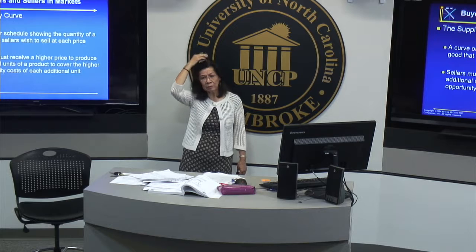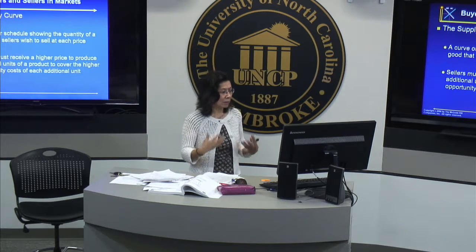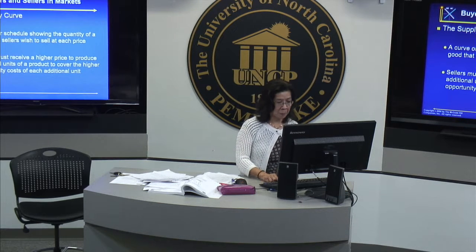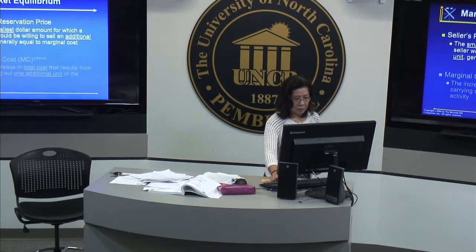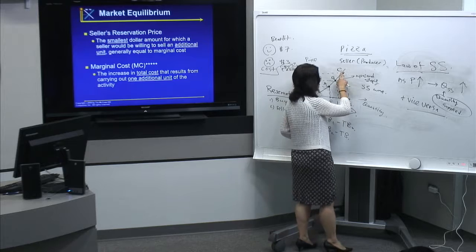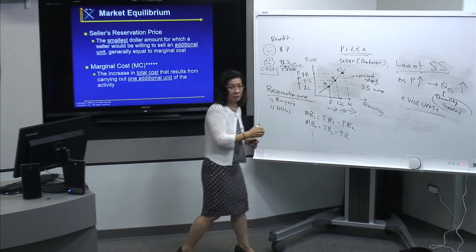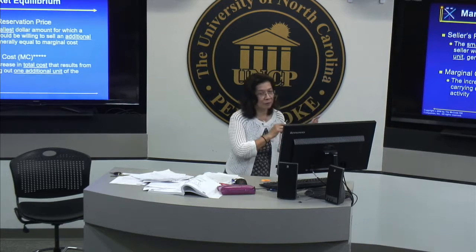It costs a little bit more. The marginal cost is higher, whether in terms of time or effort, and you charge more. So a lot of the time in this textbook, the sellers' or supply curve we also call the marginal cost curve. I'll talk about it later, but now I don't want to confuse you, so let's just stay with that.